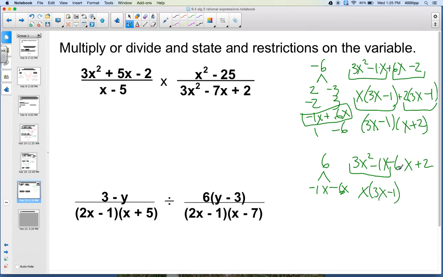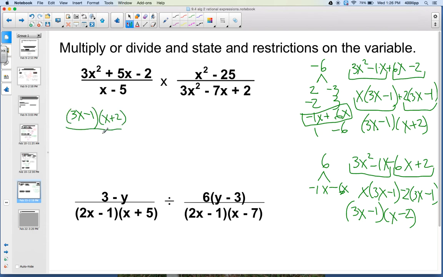We need to take out a negative 1 here, a negative 2 here, so then I'm left with the same binomial left over. So I'll take out a negative 2 and be left with a 3x minus 1, which is the same binomial. We'll take out that 3x minus 1 and be left with an x minus 2.